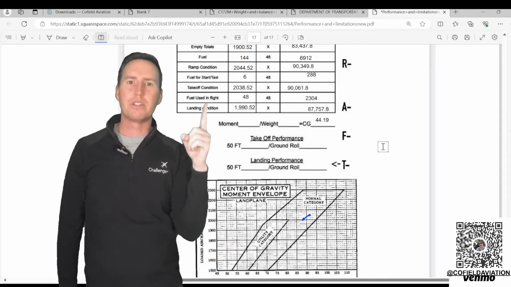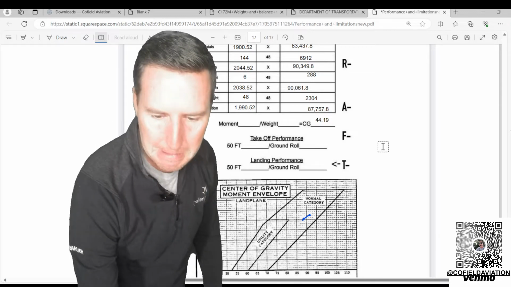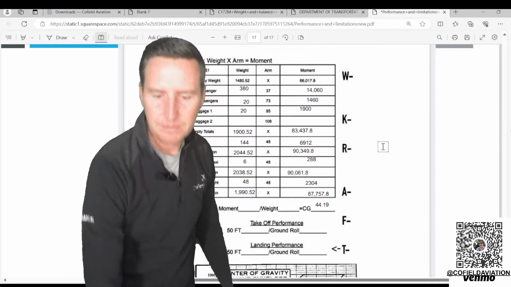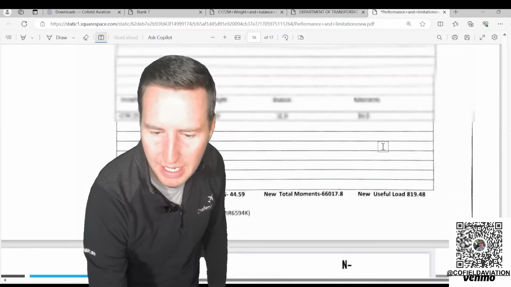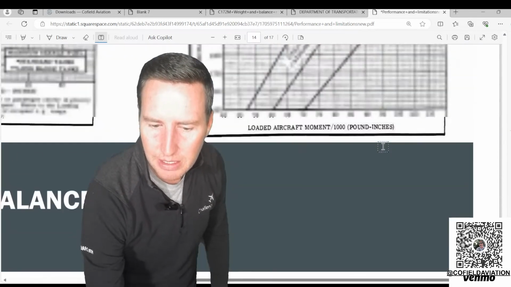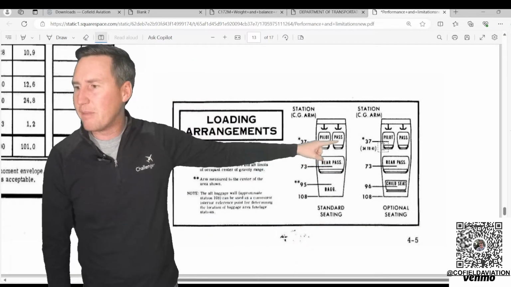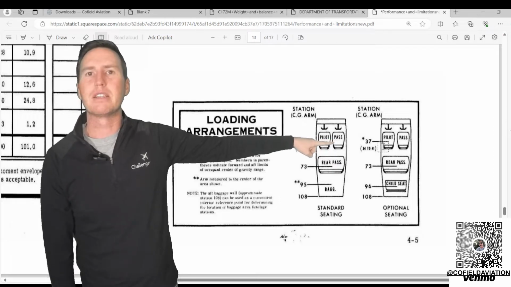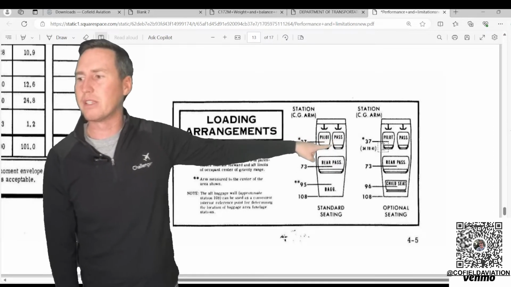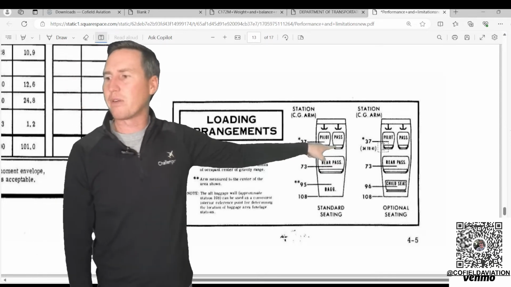That's where this thing would just sit there, where we just sit there on the pole, right? So 44.19, I'll show you in this. That means the center of gravity falls about where the passenger seat is, about right there. And that's usually where it's always going to kind of be. So this is kind of where our center of gravity falls, is about right here.